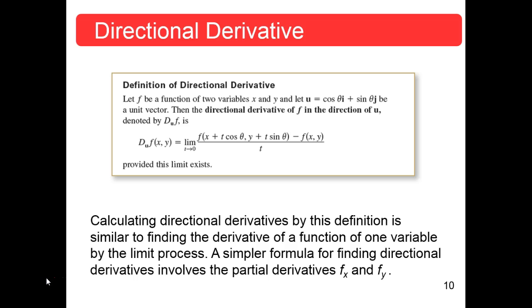Now it's x and y, so that t, which relates x and y together, is approaching 0, of f of x plus t cosine theta, that was your Q x coordinate, y plus t sine theta, that's your y coordinate of Q, minus f of x y.